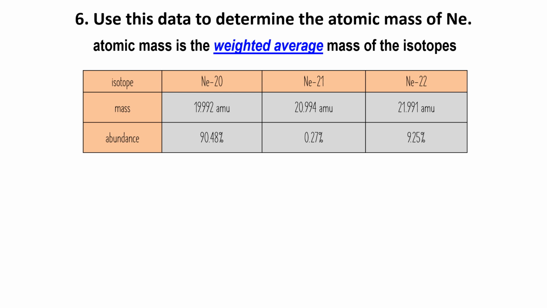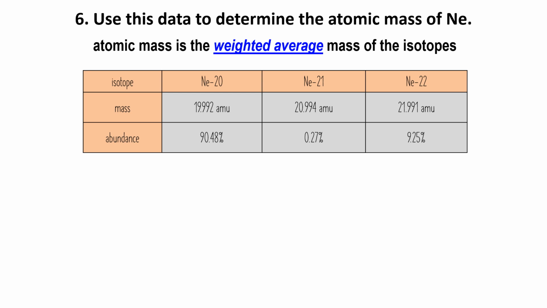Okay, so the neon 21 has 0.27% abundancy and a weight of 20.994 atomic mass units. And the third form of neon is neon 22, which has an atomic mass unit of 21.991 at 9.25%.